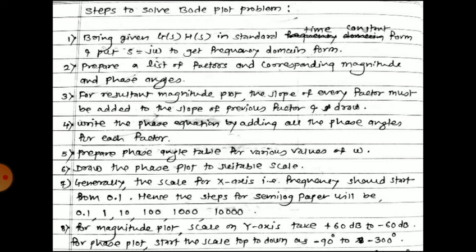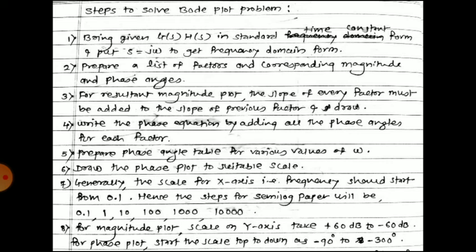Write the phase equation by adding all the phase angles of each factor. Then prepare a phase angle table for various values of omega. Sixth is to draw the phase plot to a suitable scale. Seventh, generally the scale for the x-axis, that is frequency, should start from 0.1.